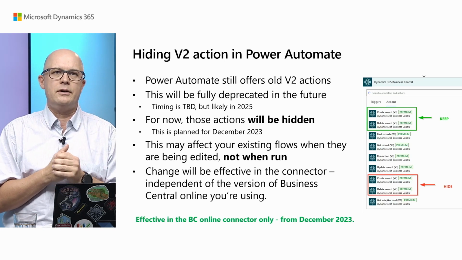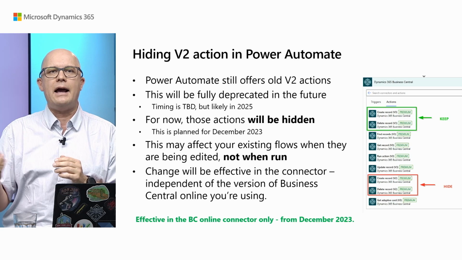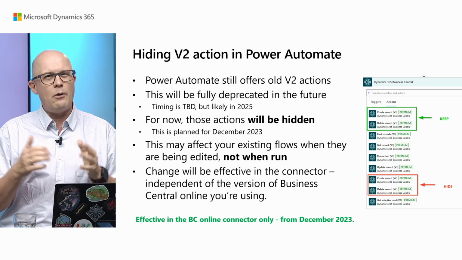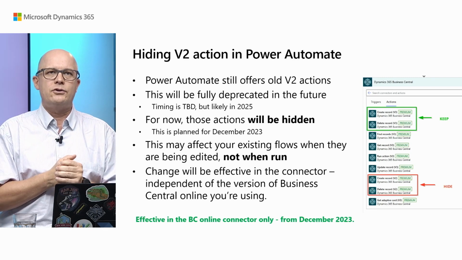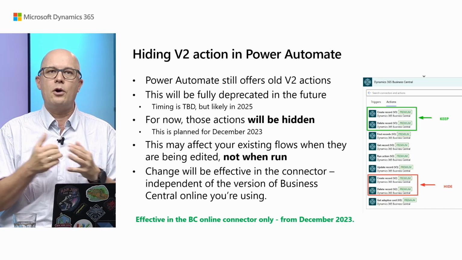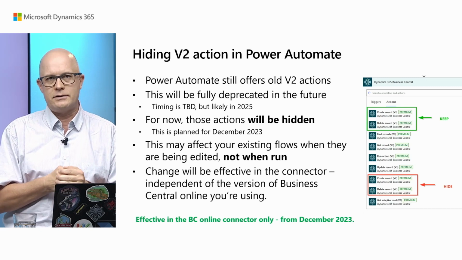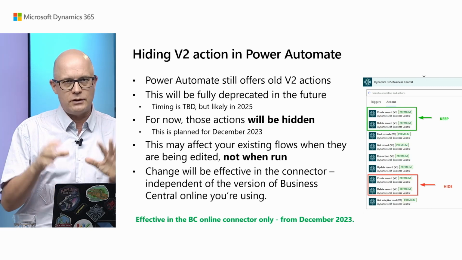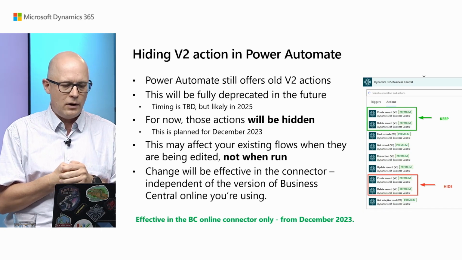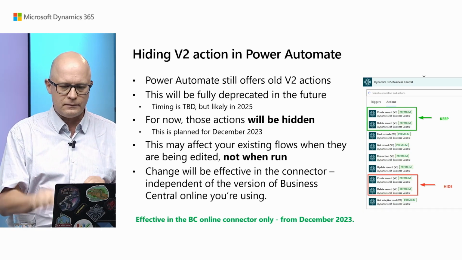We are not disturbing you. But if you edit those flows, you will have to update to version 3. We would actually encourage you to do it before December and update your flows and always use the latest versions of the actions. So this change will be happening in December.